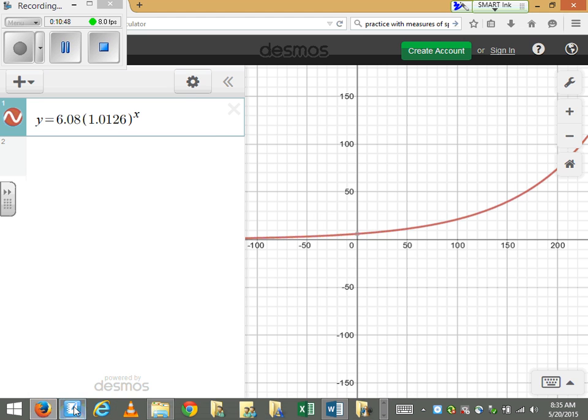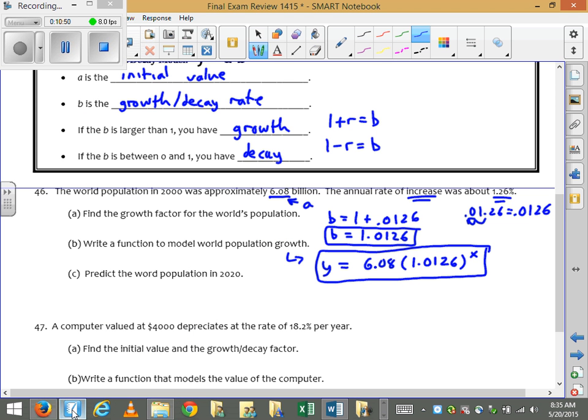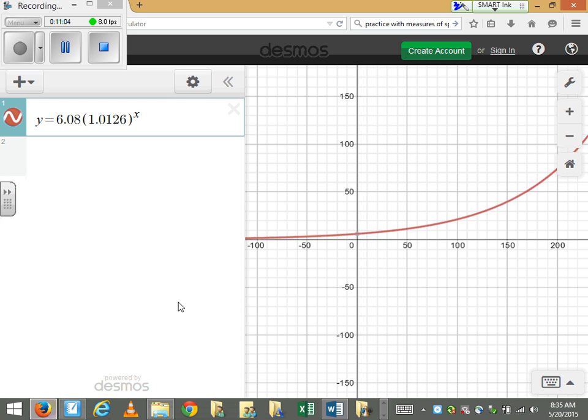And we want to figure out what's the world's population in 2020. So in other words, after 20 years, right? And that's because we started in 2000. So remember with these graphs, time is the x-axis.